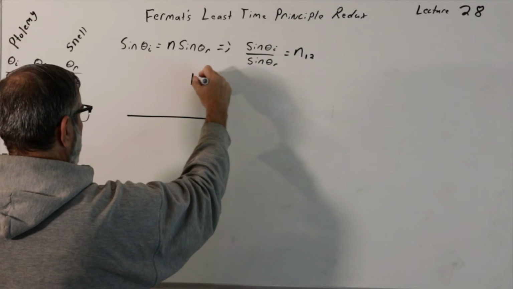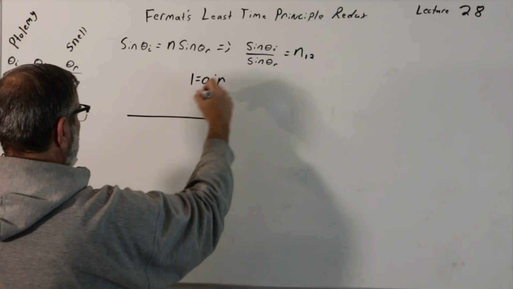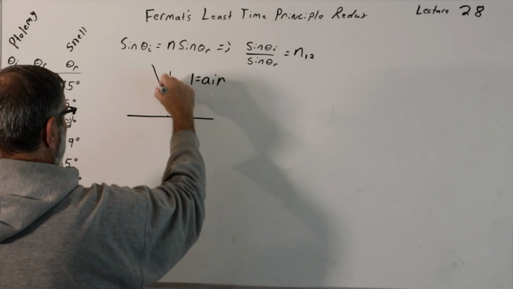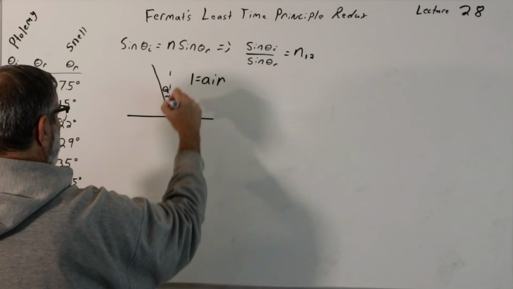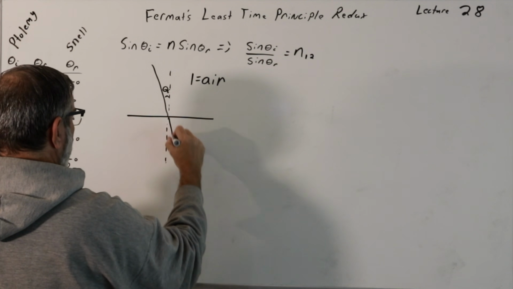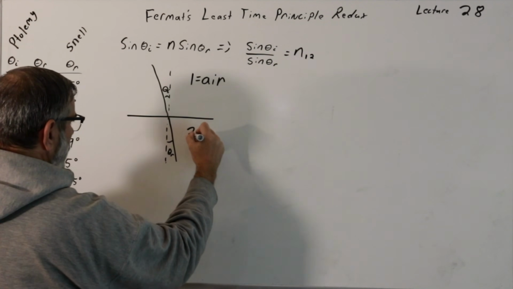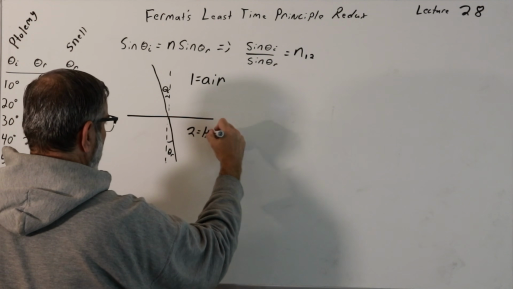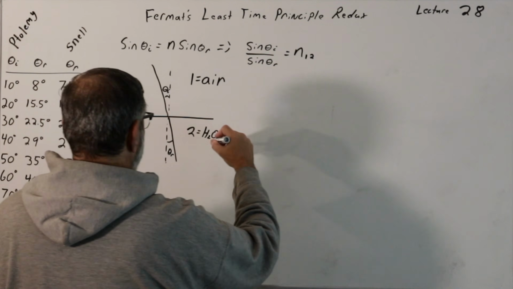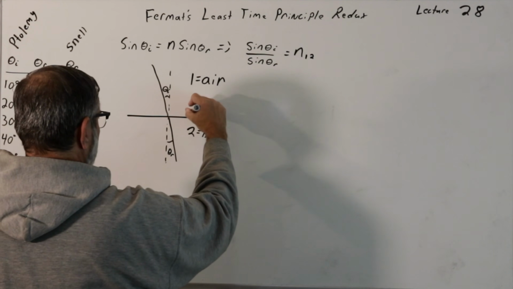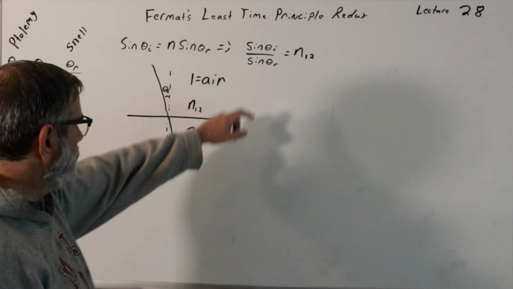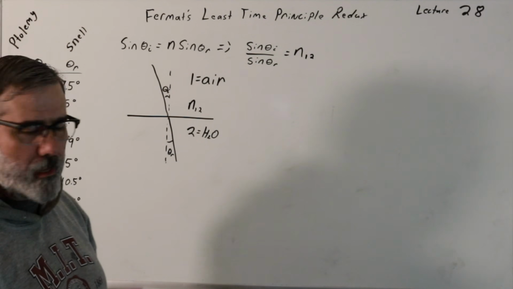So we'll say 1 equals air. And so here we would, of course, have angle of incidence, and we would have our refracted angle, theta sub r. And then 2, I'm going to let that be equal to water, H2O. And so this would be characterized by an index n_12, which is the ratio of the sines of the angle of incidence and angle of refraction.